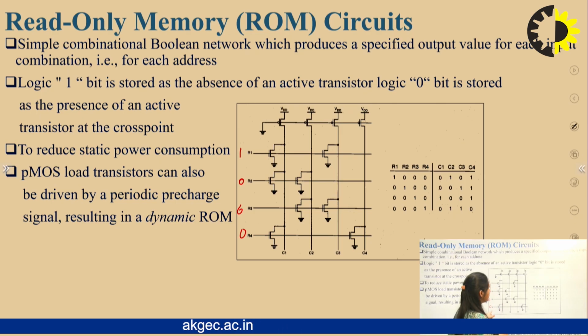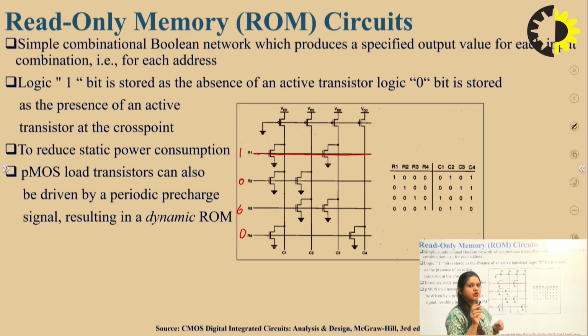In that particular case, this row 1 is high and the other rows are 0. Similarly, if the column is 0, 1, 0, 1, this particular column is high and this is also high and the others are 0. This is how you can fetch that particular location.